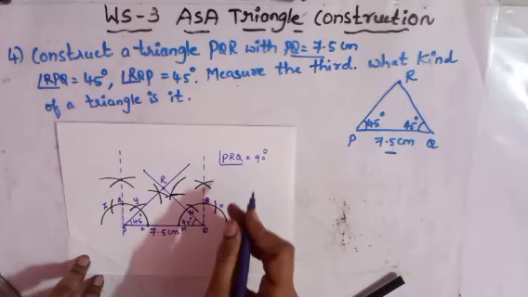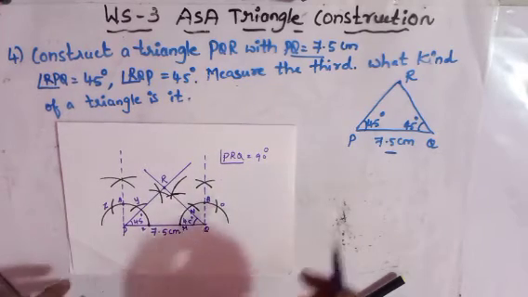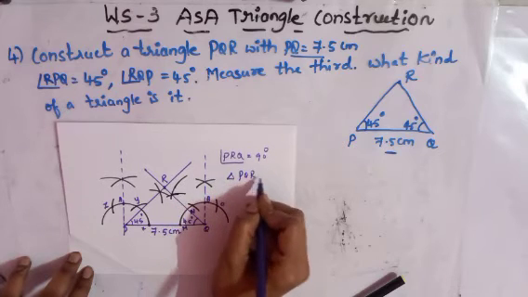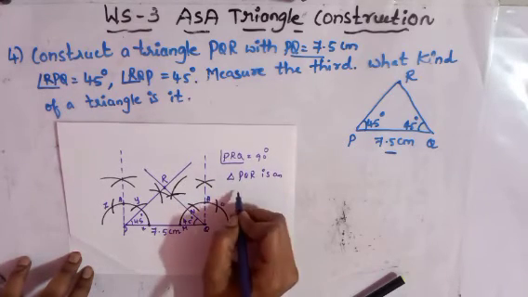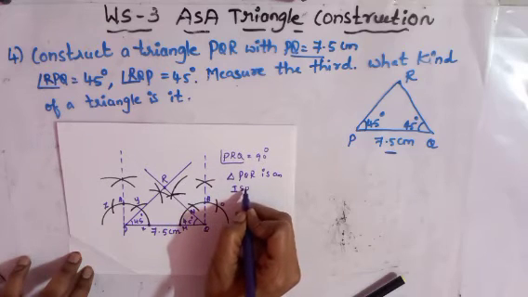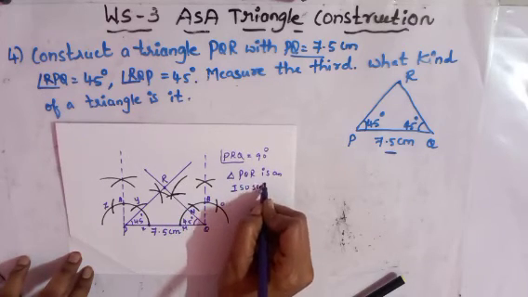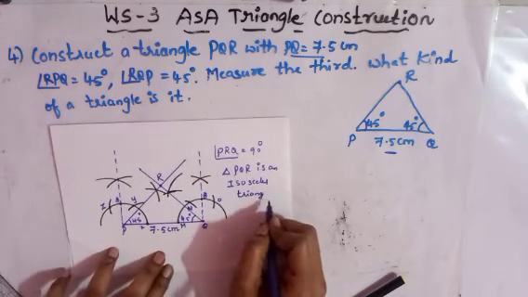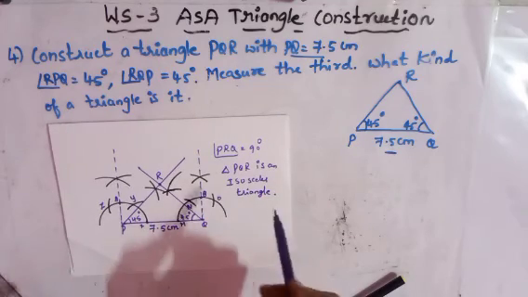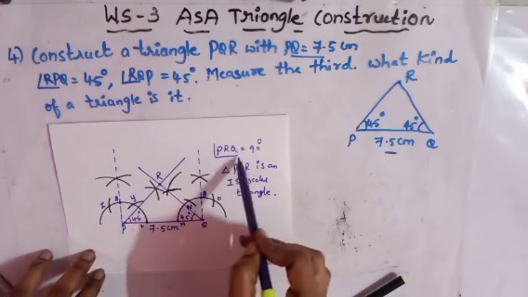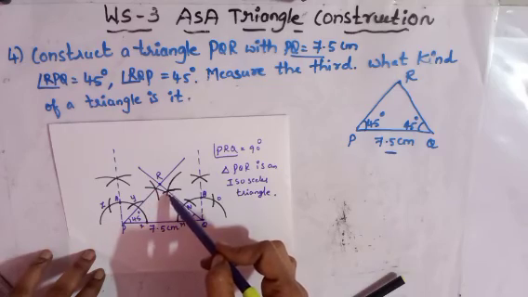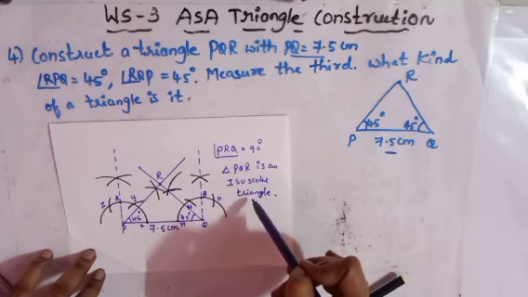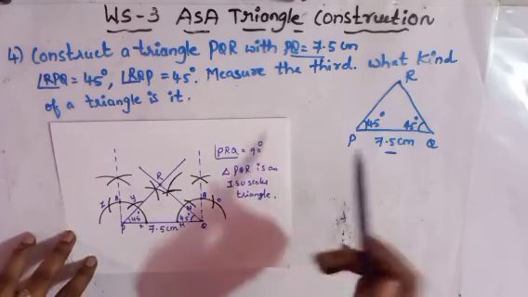So let us write: triangle PQR is an isosceles triangle. So we got angle R is 90 degree by applying the angle sum property. And what type of triangle did they ask? It is an isosceles triangle. So now let us solve the next one.